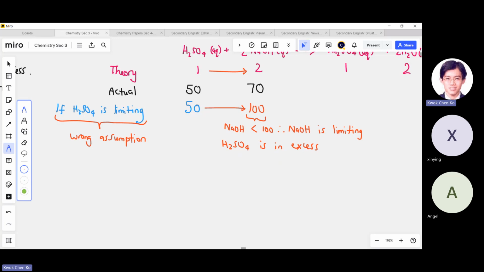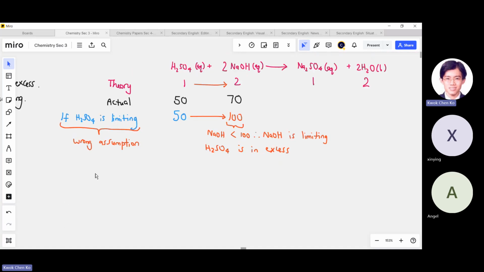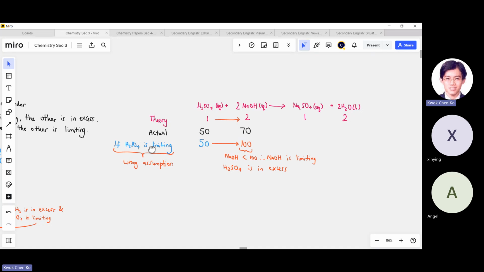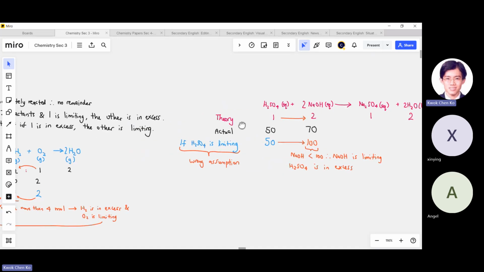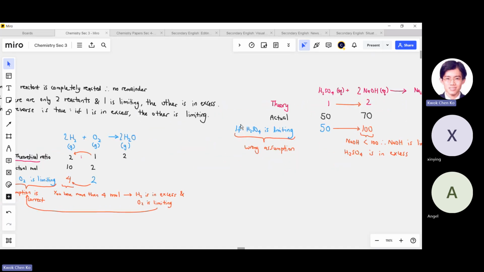Anything to ask? Singing, I assume you have nothing to ask. If you do, voice out. Angel too, if you have something, voice out as well.